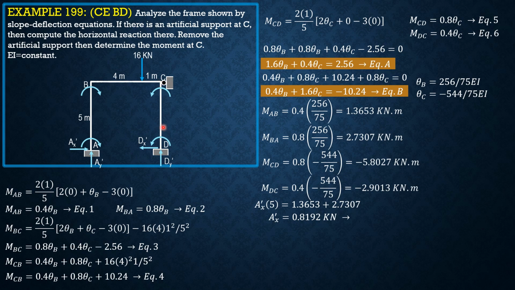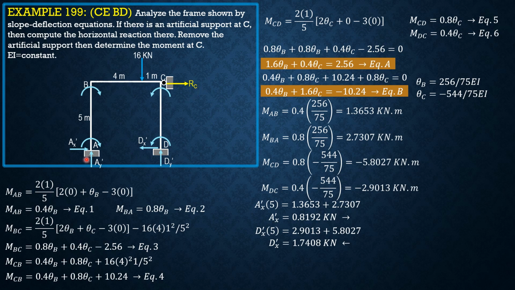Likewise, summation moment C, so DX prime times 5 equals MDC plus MCD, which are now treated positive because they are in the correct directions. So DX prime is equal to 1.7408 kilonewtons leftward, so that we can now compute the reaction at the right support.